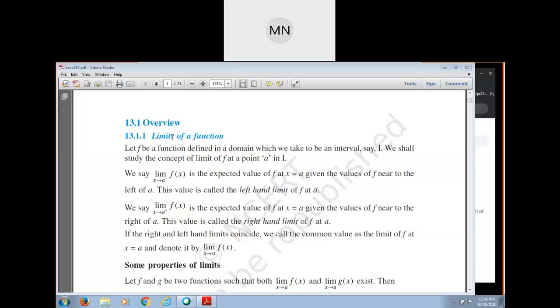Suppose we take a point on the number line, suppose we consider 2, and I say that x approaches 2. When x approaches 2, their functional value y approaches some value.